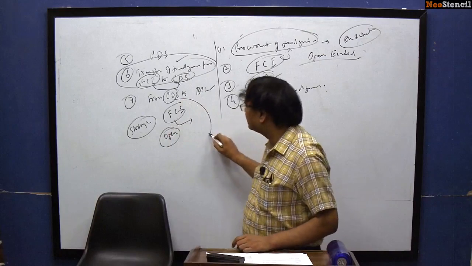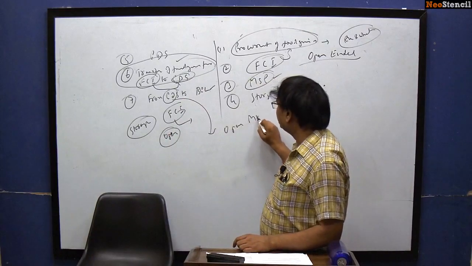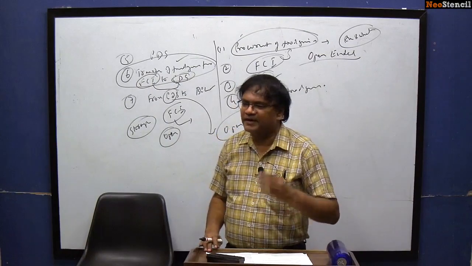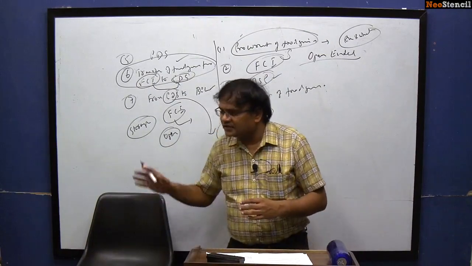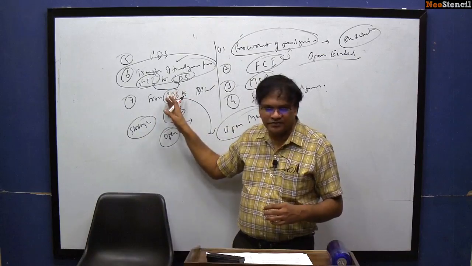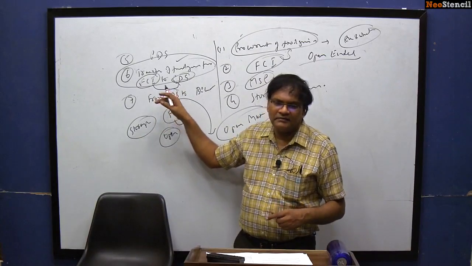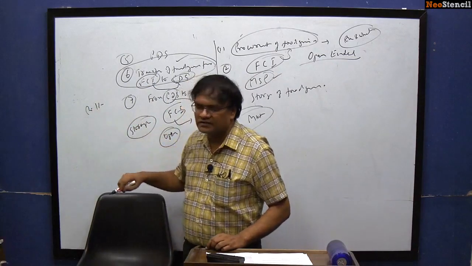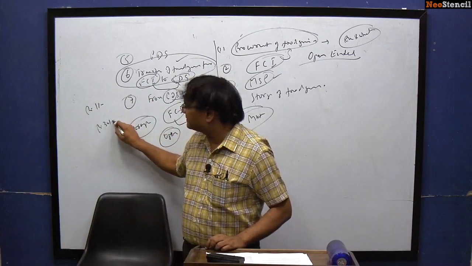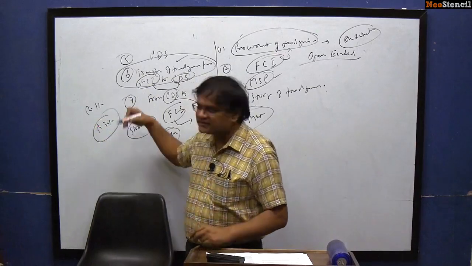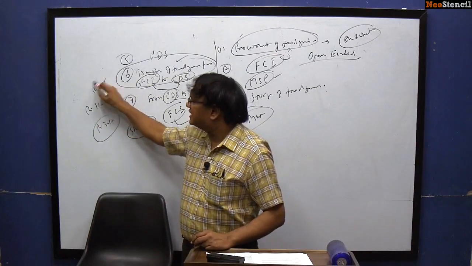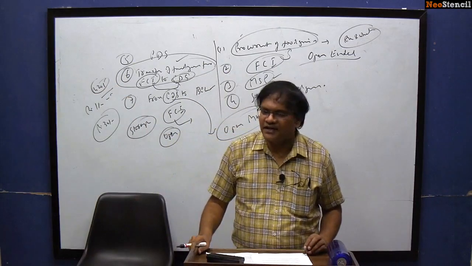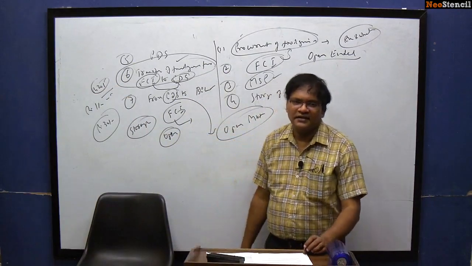From PDS shops they go to the open market, because there is a huge difference between the price at which the food grains are given to the PDS shops and the open market price. In the PDS shops they are given at 1 rupee per kilo, the open market price is 30 rupees. If they divert it to the open market, they can sell it for 20 rupees and make a huge amount of money. That is what we have to look at.